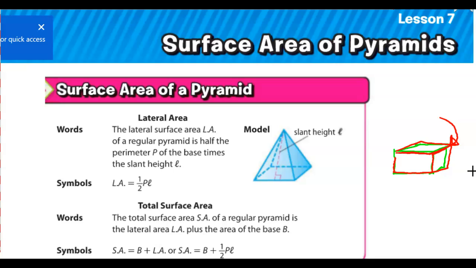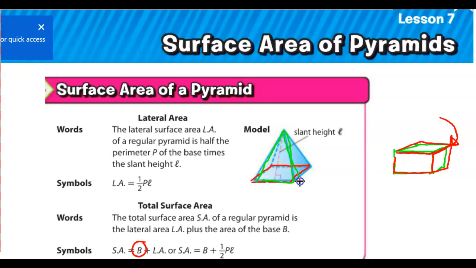Now in this particular section, we're going to be doing surface area of pyramids. So what we will do is we're going to find the area of the bottom, and that's going to be the base. So we would find the area of the base. And then we would find the area of the front.